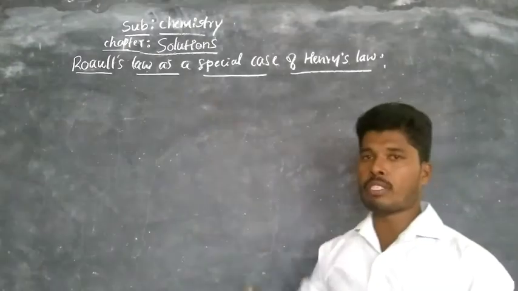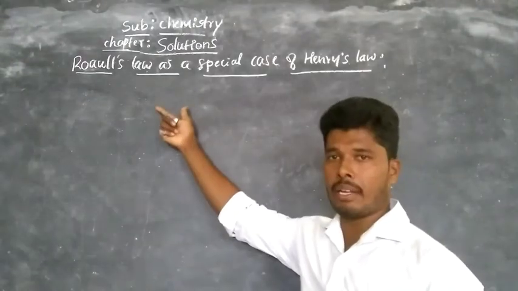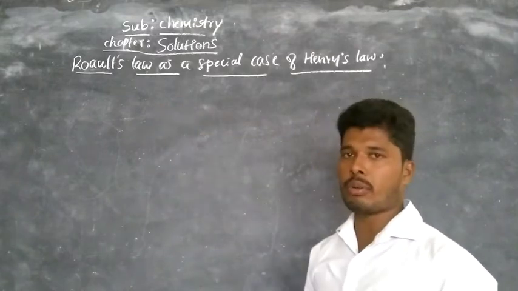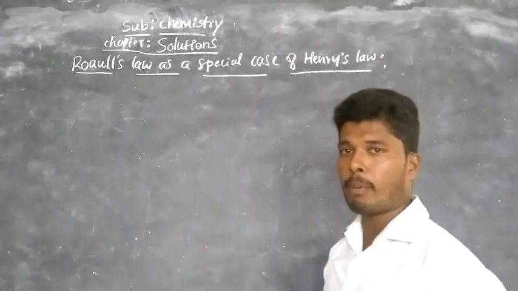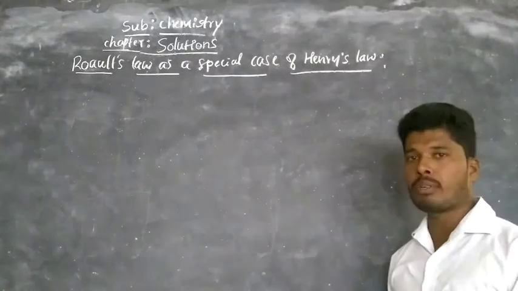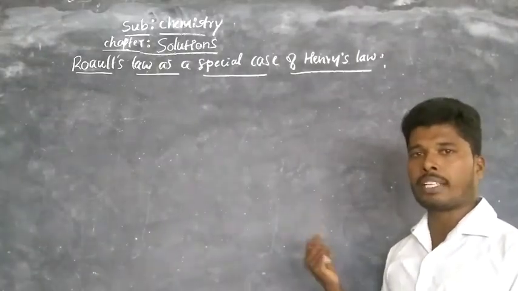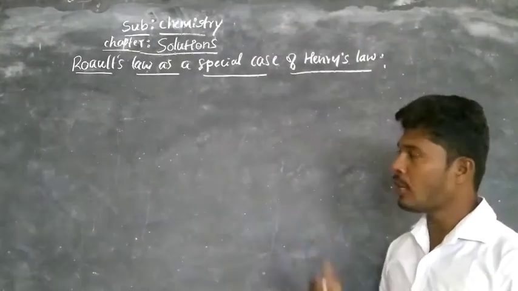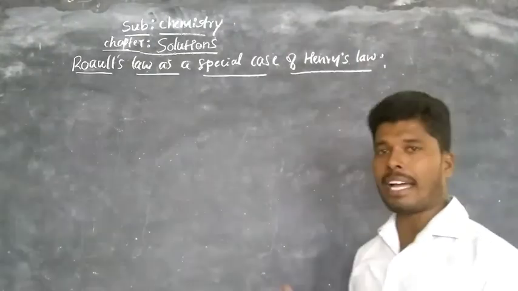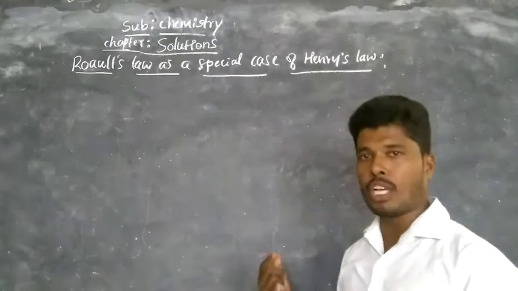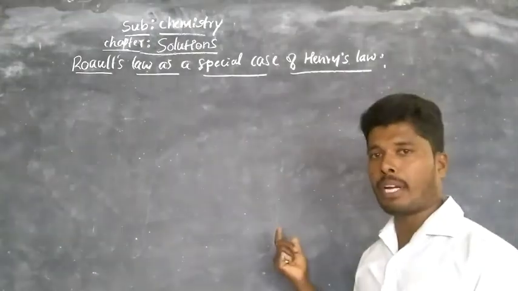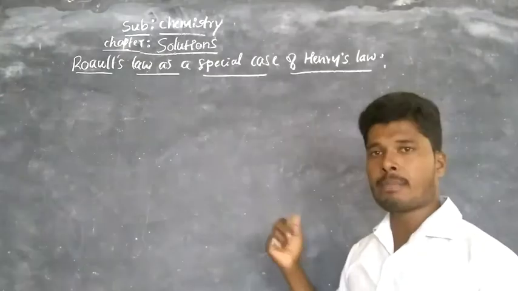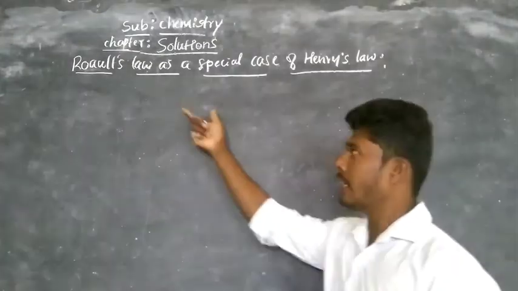Now according to Raoult's law, defined for volatile solutions, the partial pressure of a component A is directly proportional to the mole fraction of that component, or the partial pressure of a component is equal to the product of the vapor pressure of the component A and its mole fraction. That is Raoult's law.